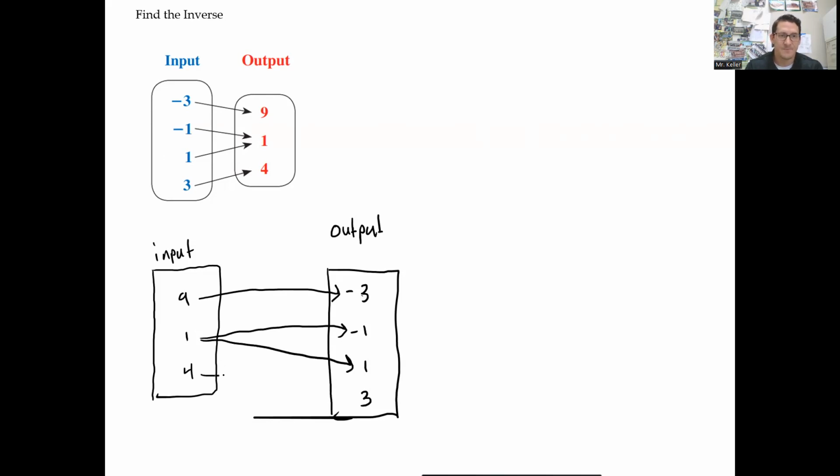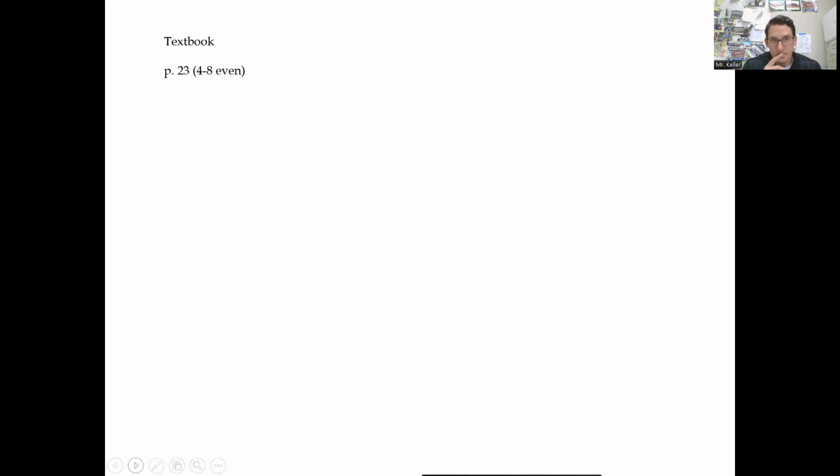And then this one here, you do have to put the lines. Notice that this inverse is not actually a function. For a function, your inputs can only have one output. You can have multiple inputs going to a single output, but you can't have one input with two outputs. That's not a function. All right.